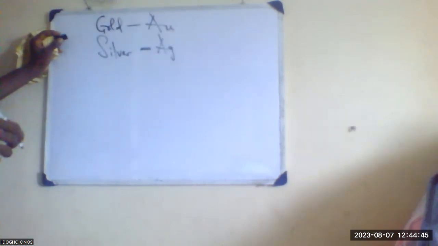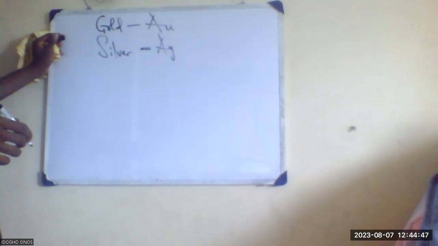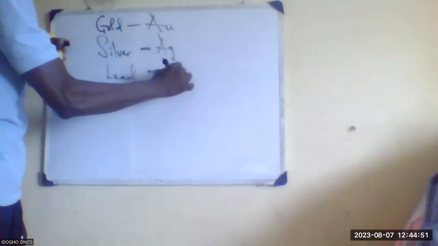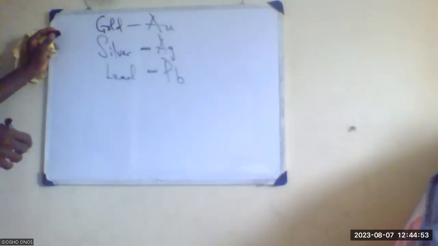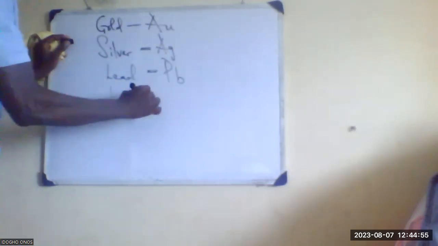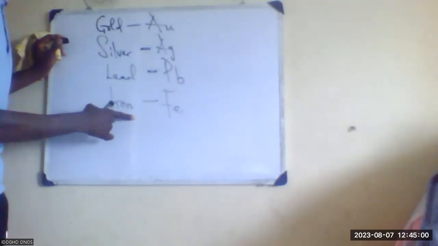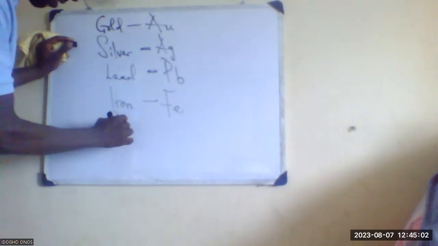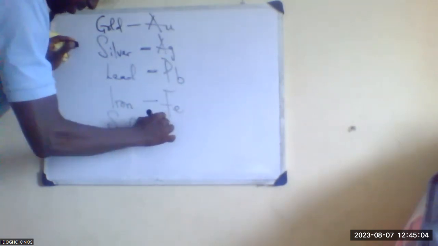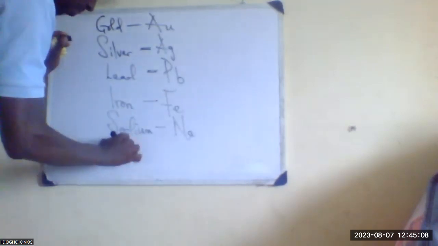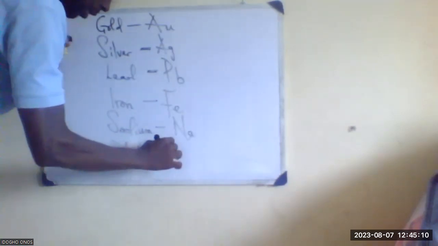Thank you. Then lead. Lead is Pb. Iron is Fe. Then sodium, thank you. And potassium. Yes, potassium.